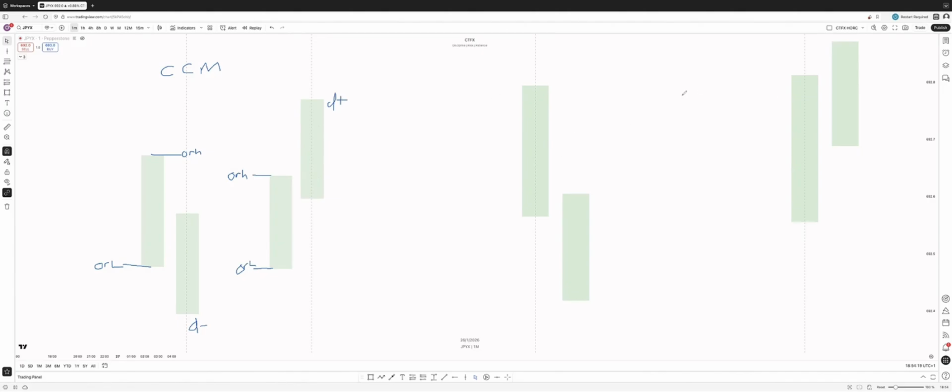But this other one here is what we call the opening candle method. That particular first candle that opened this current day is what we use as our opening range low and opening range high.